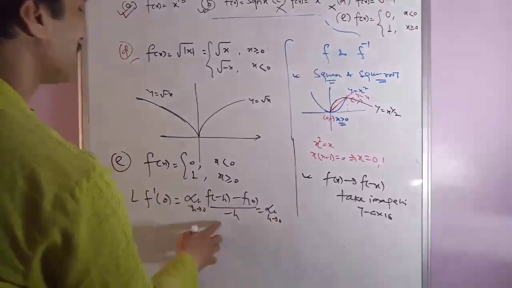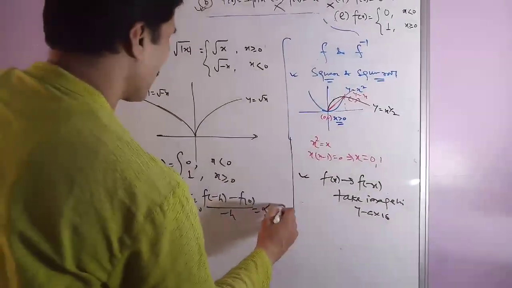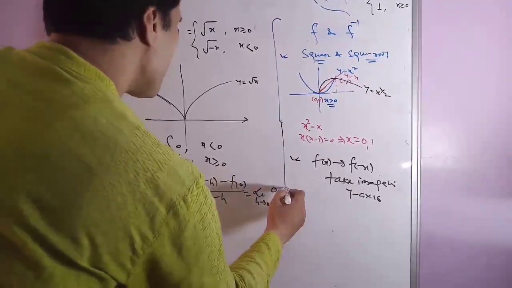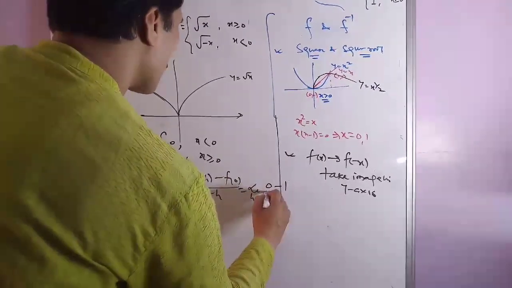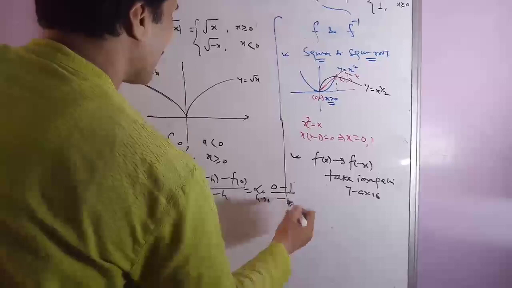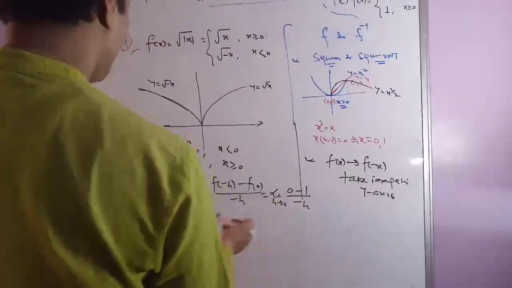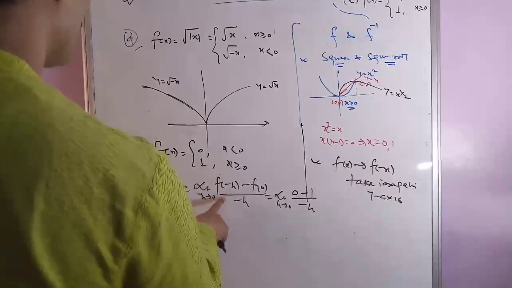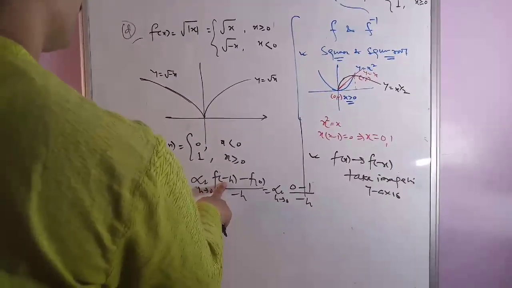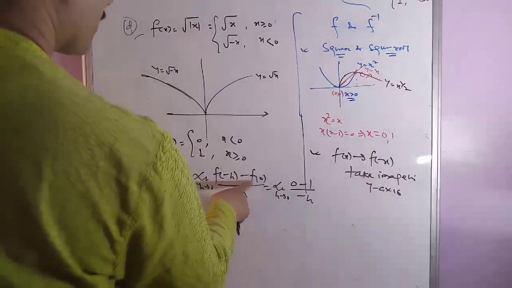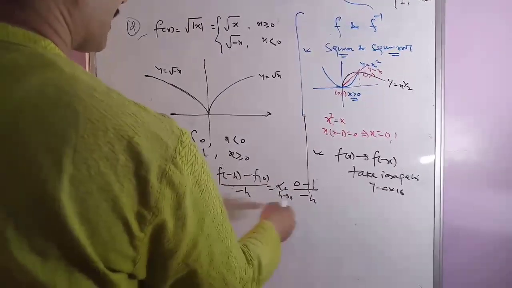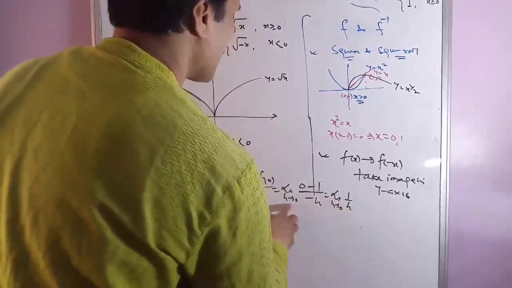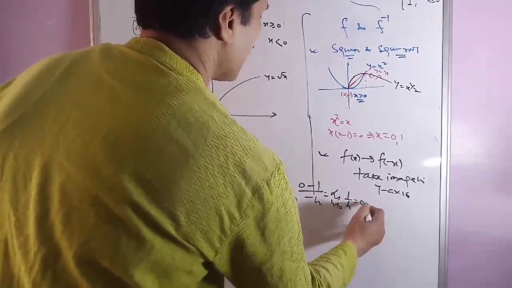That is 0 minus 1 upon minus h, that is the limit as h tends to 0 of 1 by h, which is infinity.